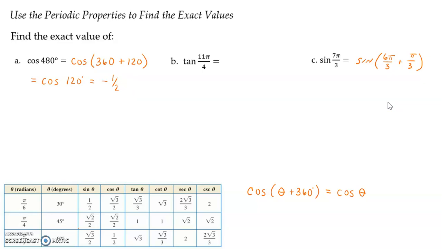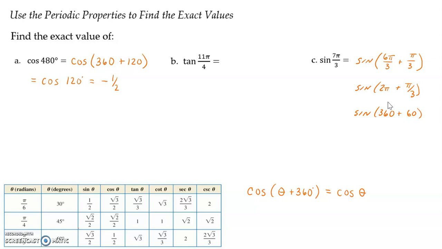Keep in mind this is the same thing as sine of 2 pi plus pi over 3. If you would rather work in degrees, 2 pi is the same thing as 360 degrees. And pi over 3 is the same thing as 60 degrees.